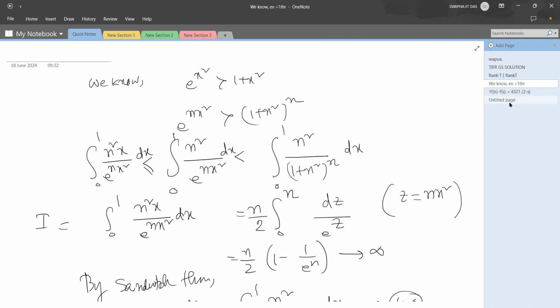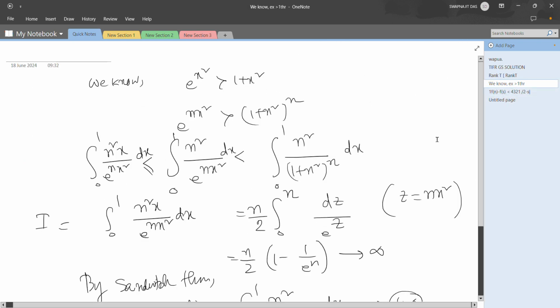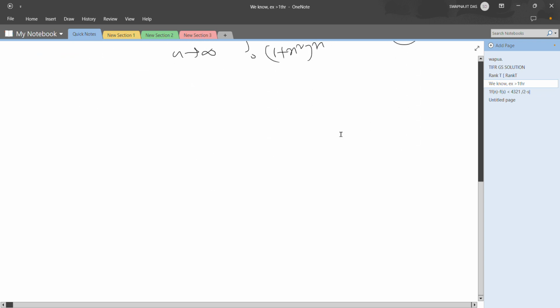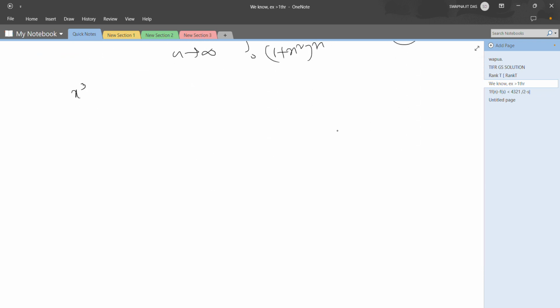Let me write it properly. I have x cube minus 3x square plus 2x minus 1 equal to 0. Let lambda be a real solution of this.